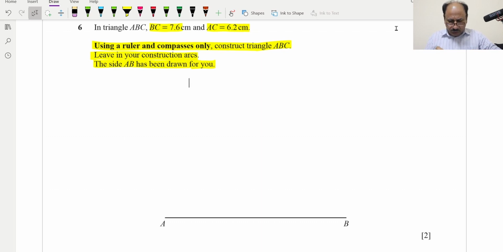So what we will be doing, I will try my maximum to explain as much as I can. So what I'm doing, I'm taking the points.